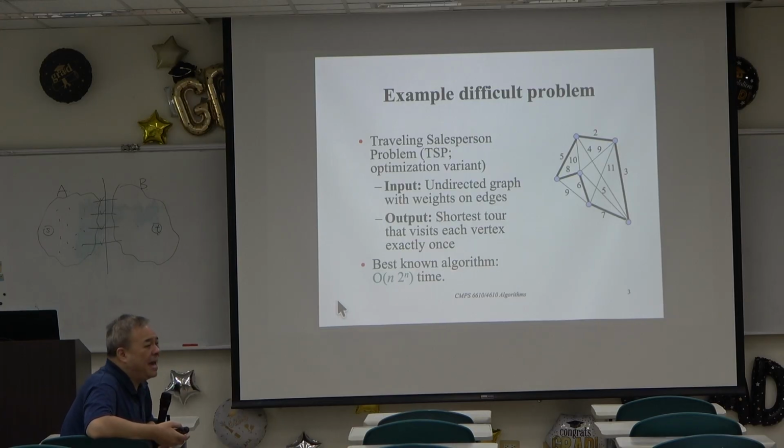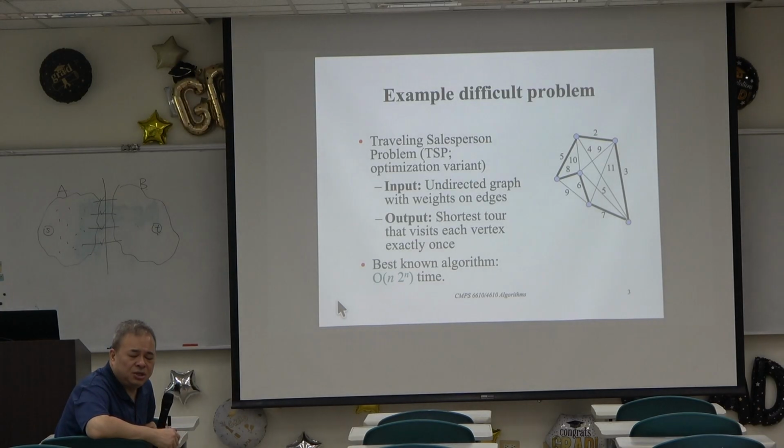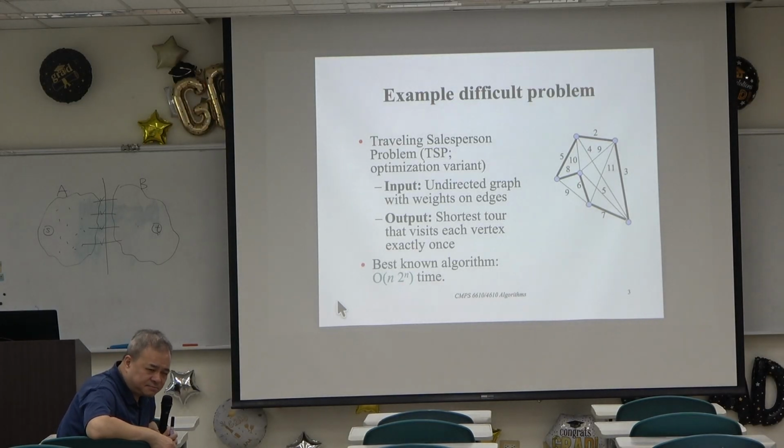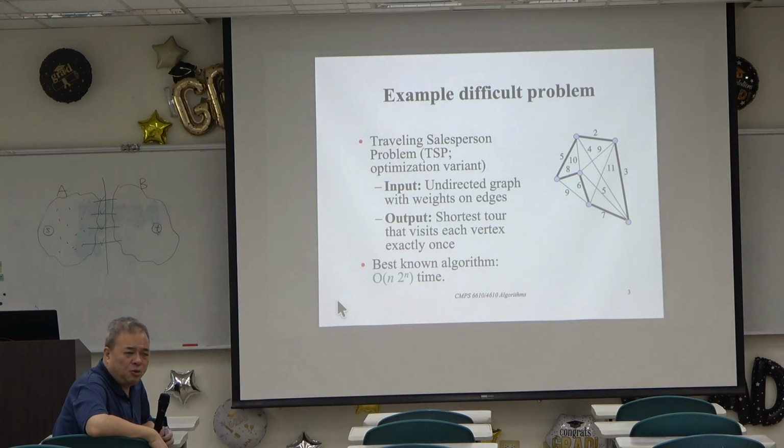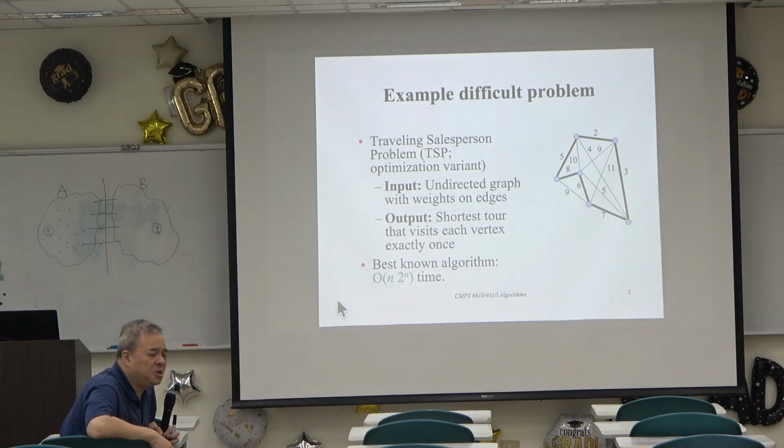So this is pretty bad, right? Because so far, all the algorithms we have discussed throughout the whole semester were polynomial. If an algorithm is exponential, we consider it very, very bad because it doesn't scale.